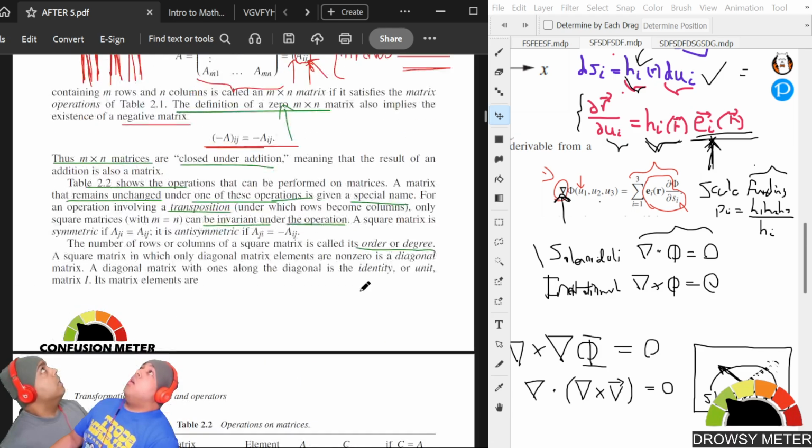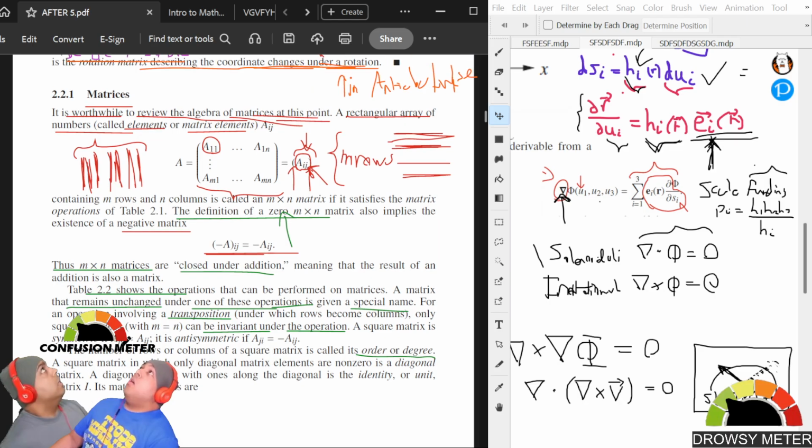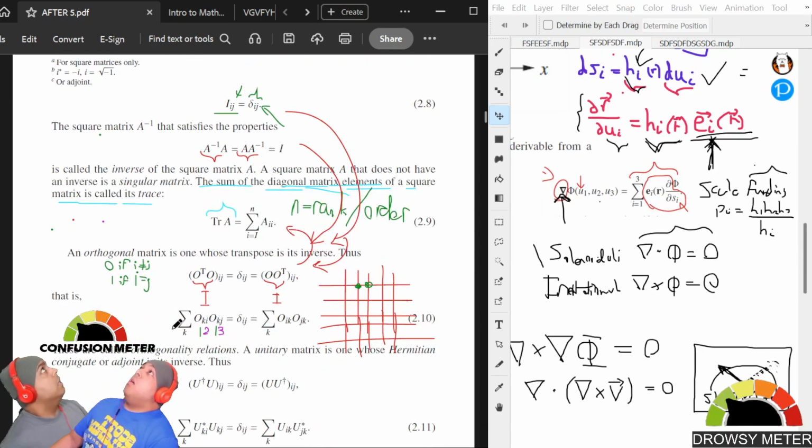Let me go back here. For a transpose, A_ji equals A_ij. So O_kj O_ki. 1 2, 1 3.